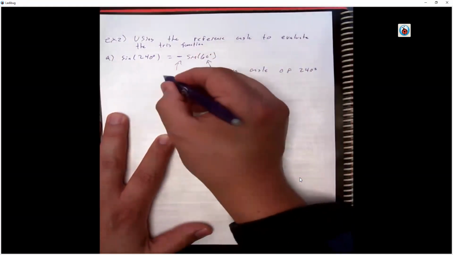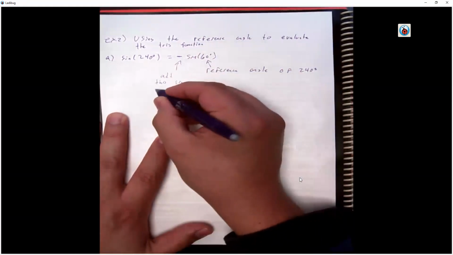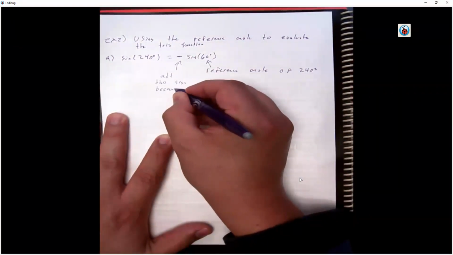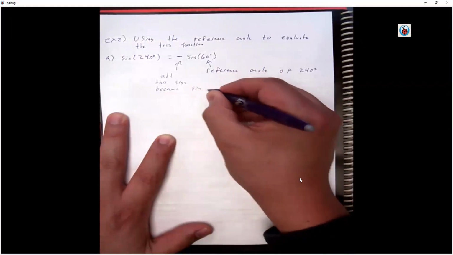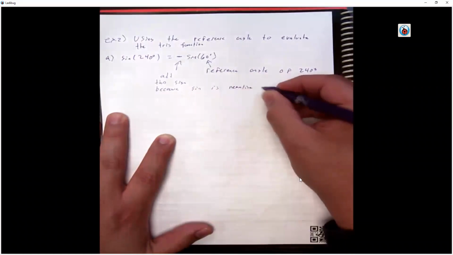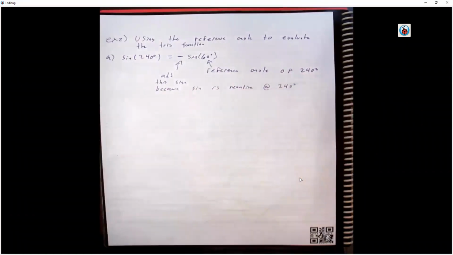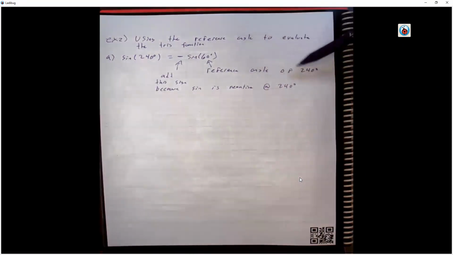I need to add the negative sign because sine is negative at 240. So I don't know how useful this is, but you can use a reference angle instead of the given angle. Well, you have to adjust for the sign.